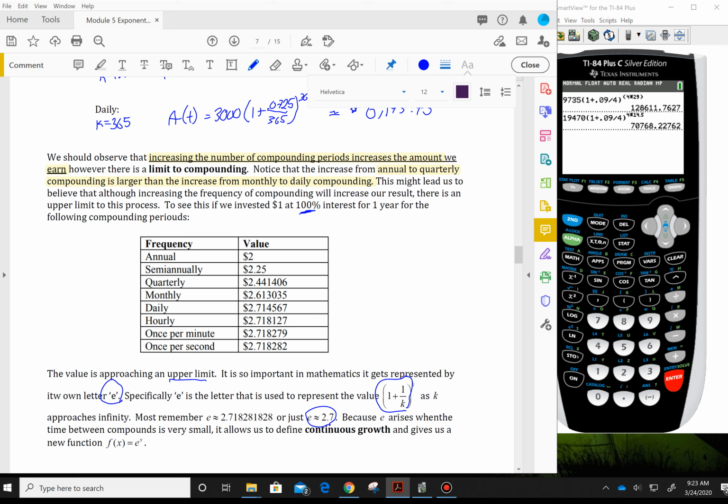Because e arises when the time between compoundings is very small, every second, it allows us to define continuous growth and gives us a new function, f of x equals e to the x.